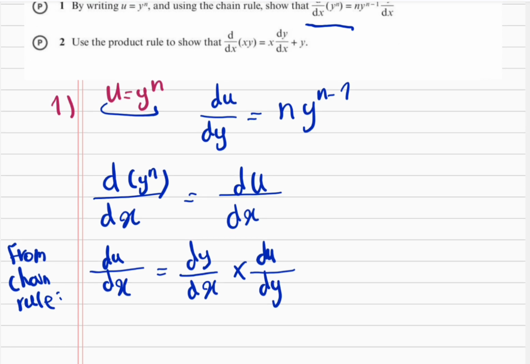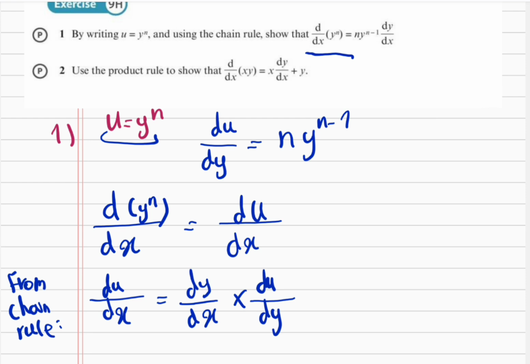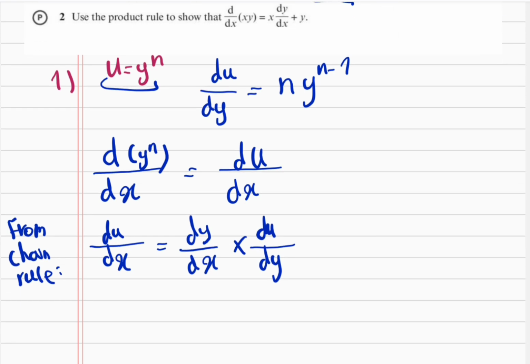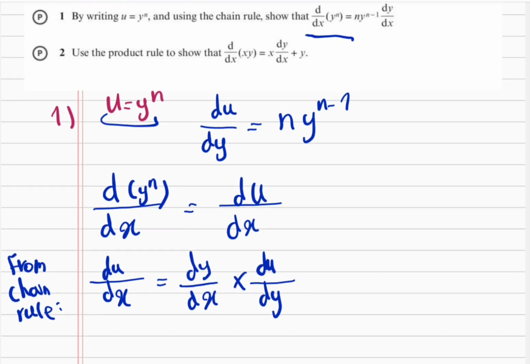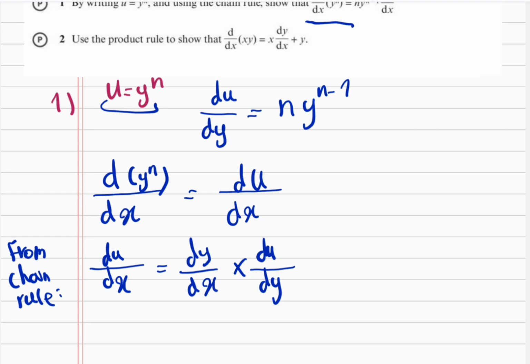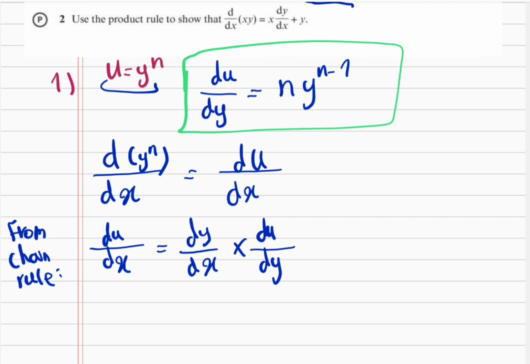Now if you look at the question, we have du dy, sorry, I meant we have du dy. So this is du dy, and we can substitute that in here.